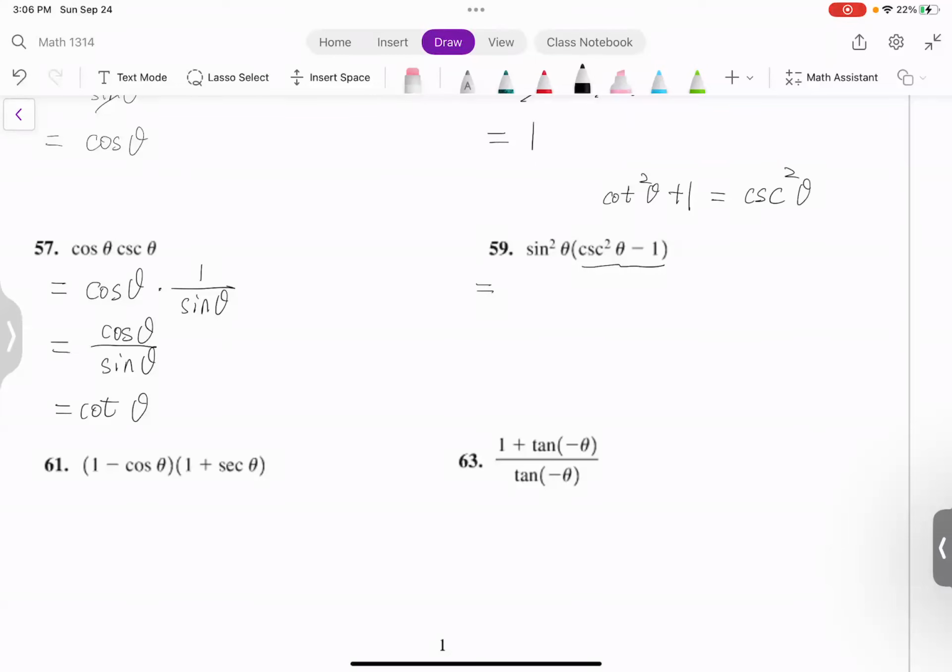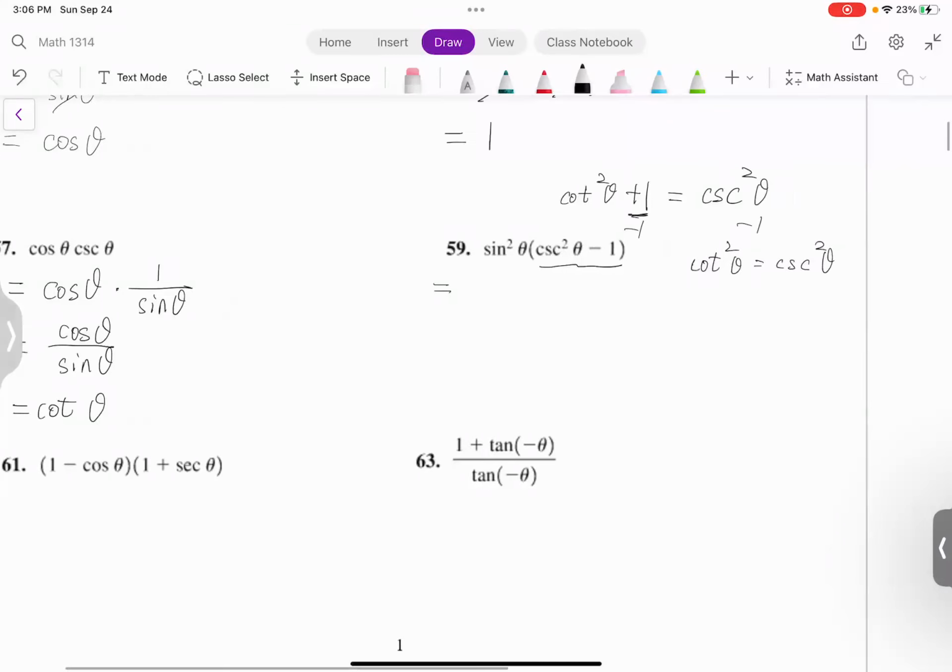This is a Pythagorean identity. So next step, subtract 1 from both sides. Oh, I'm having that cotangent theta squared equals cosecant theta squared minus 1. Okay, that means in the parentheses, that's cotangent theta squared.